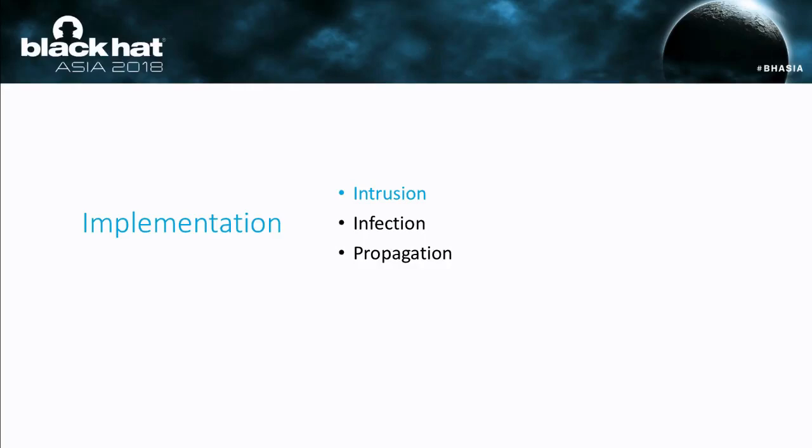The worm will use multiple methods, such as password scanning or remote code execution exploits, to achieve the goal. The intrusion component will be executed not only the first time that the attacker releases the worm, but also when the worm itself attacks other devices during the propagation stage.